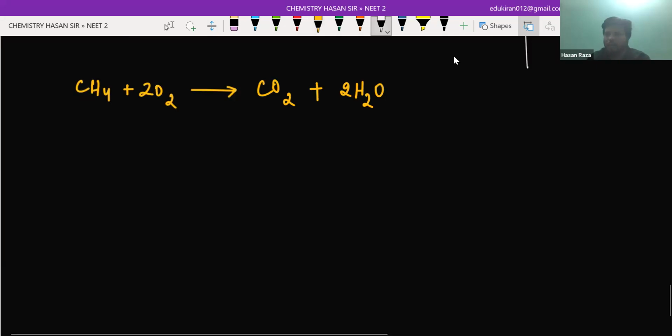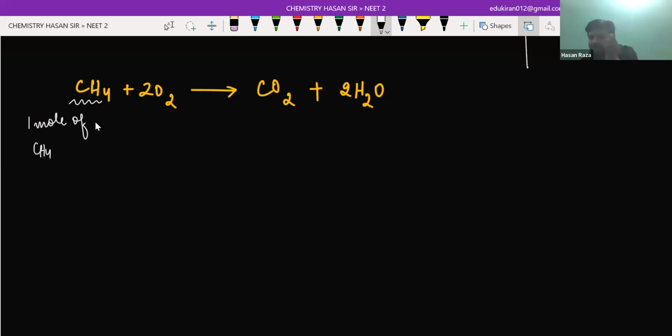Now, how am I going to read this? Here, the stoichiometric coefficient is 1. What I told you is that we treat this stoichiometric coefficient as moles. So I'm going to write 1 mole of CH4.